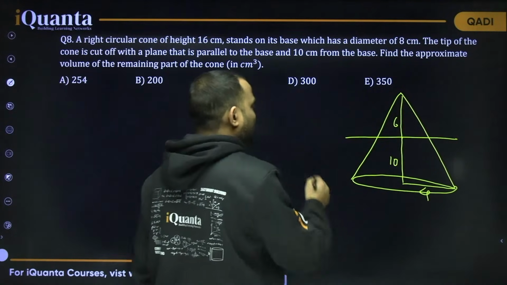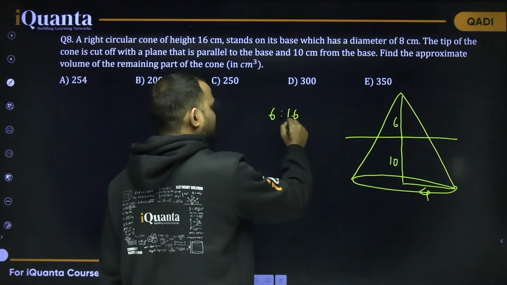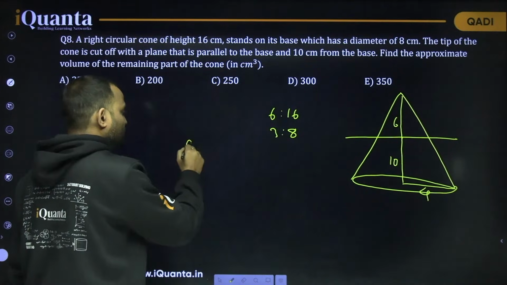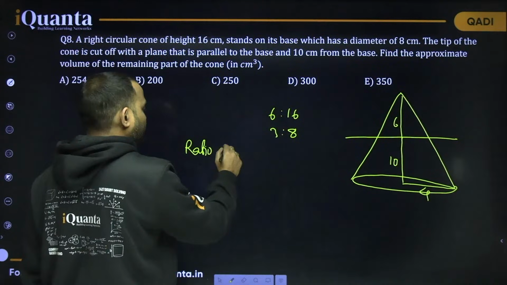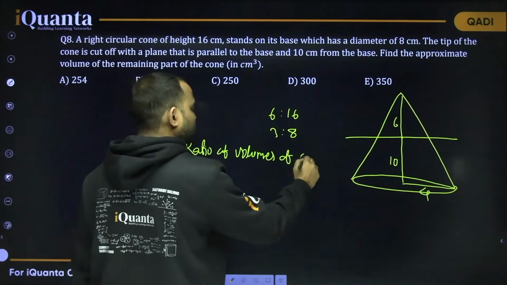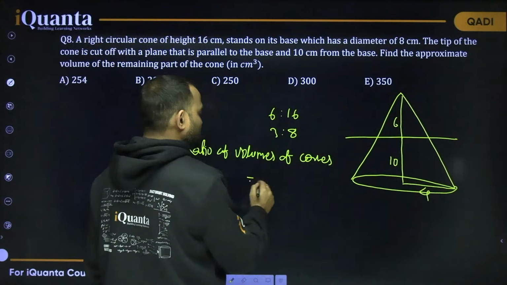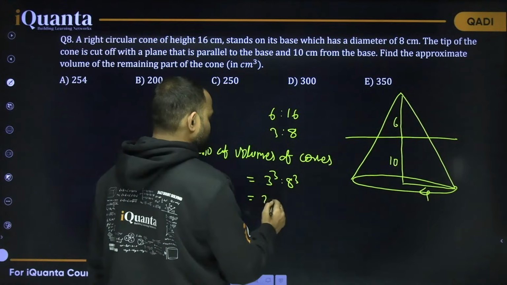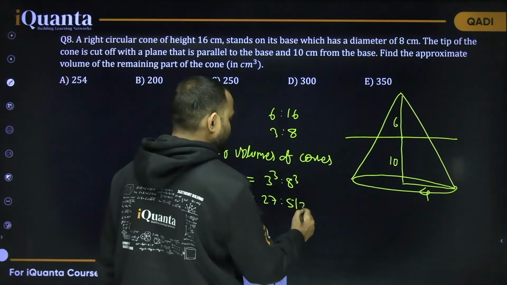So the ratio of height is 6 is to 16, that means 3 is to 8. So what will be the ratio of volumes of the smaller cone and bigger cone? 3 cube is to 8 cube, that is 27 is to 512.